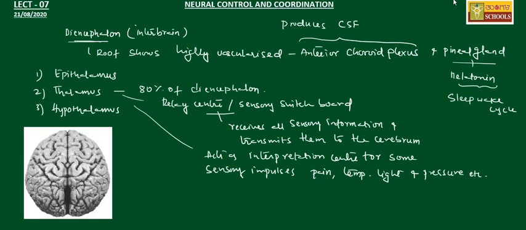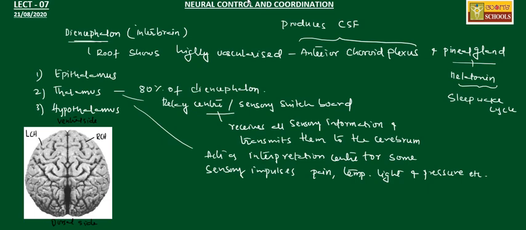And one more point. Here I'm showing again the cerebral hemispheres of the brain. This is the right cerebral hemisphere, and this is the left cerebral hemisphere, and say this is the ventral side, and this is the dorsal side.